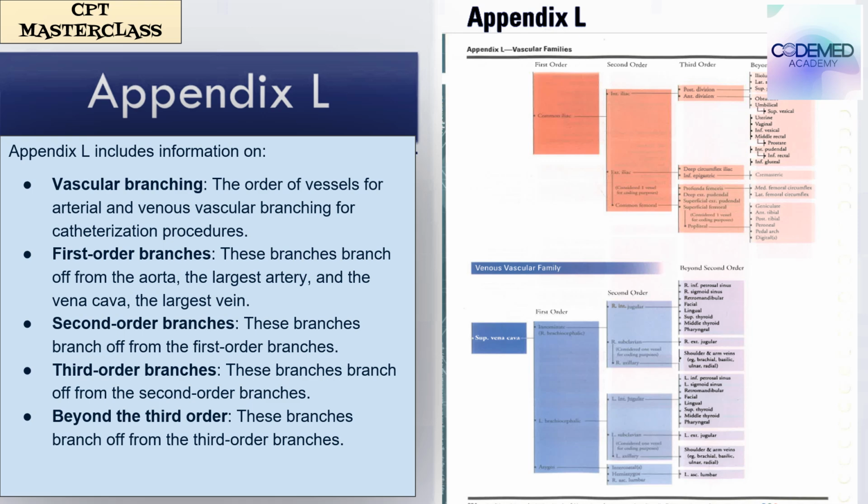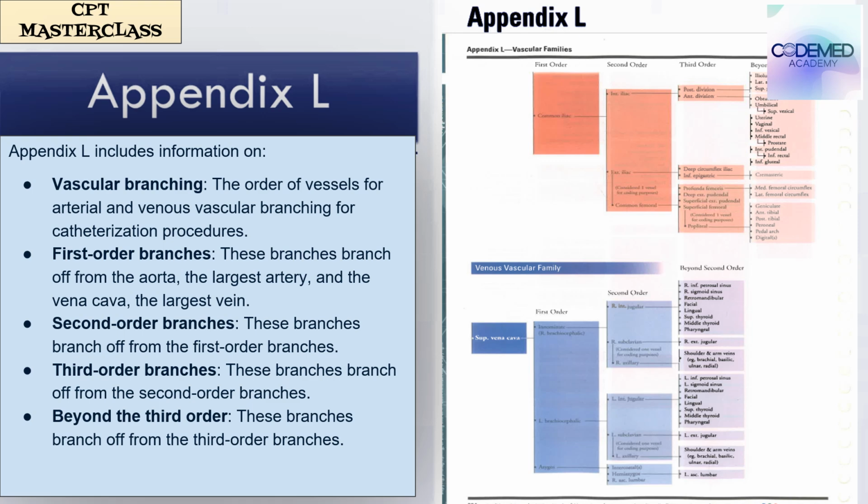Appendix L is a very important appendix. It talks about various vascular branches and the various vascular families related to the arteries and veins. We use this appendix extensively for the cardiac catheterization procedure. In this particular appendix, they have mentioned the first order branch, the second order branch, third order branch.